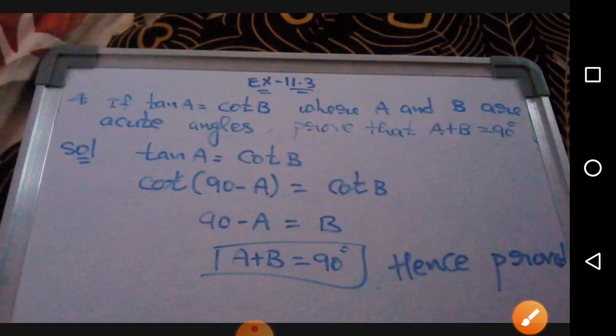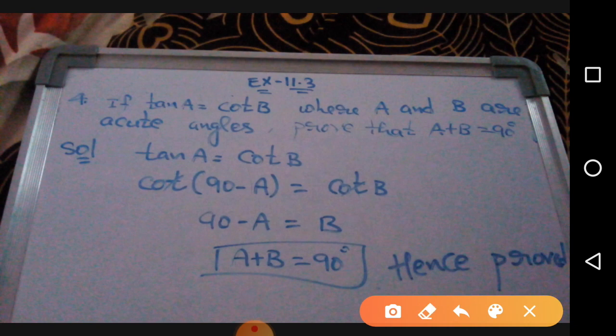Let's move on to the fourth question. It is given that tan A equals cot B, where A and B are acute angles, once again less than 90 and greater than 0, then prove that A plus B equals 90. Very easy question. See how to solve this.